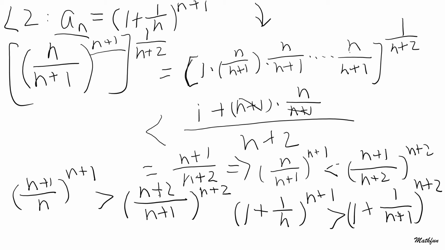We wanted to prove that this sequence is decreasing monotonely. And yes, indeed, we did prove that an is bigger than an plus 1. Exactly what we want to prove. So we have two lemmas now. From these two, we are going to get our lemma 3. So our lemma 3 is this.